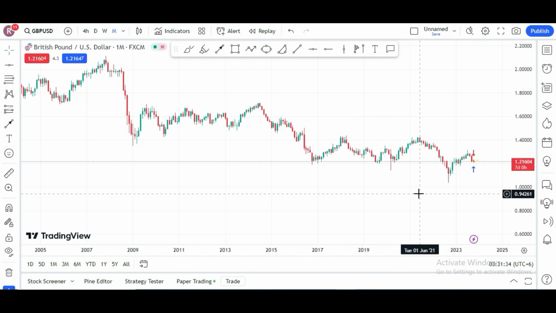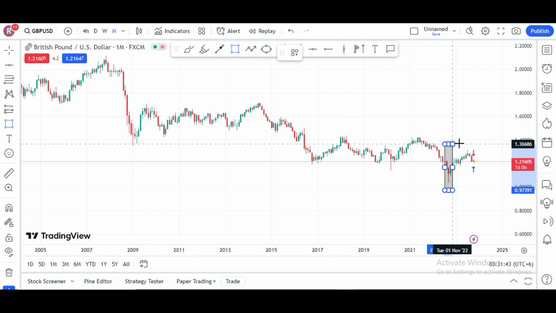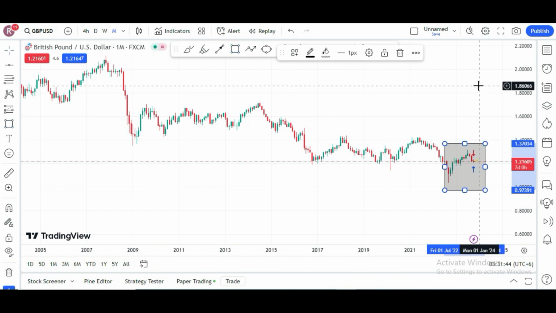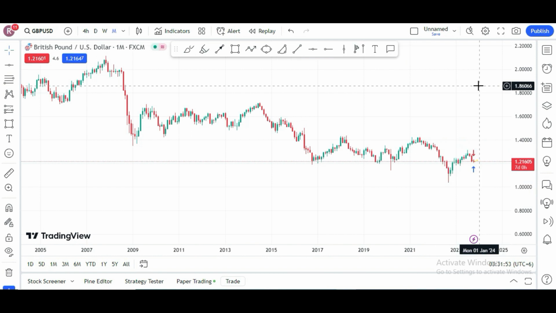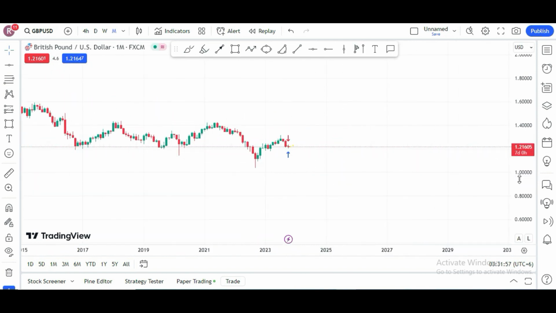But our main concentration will be the last 1 year. In this space we will concentrate mainly on what is going on and where GBPUSD is heading. So let's get into the business now.